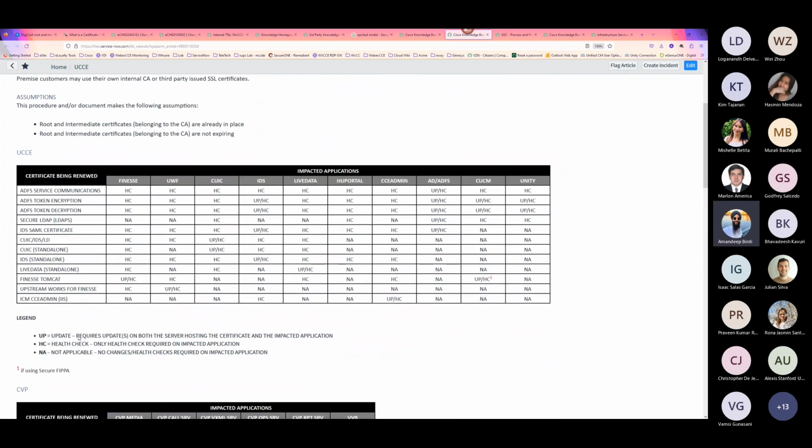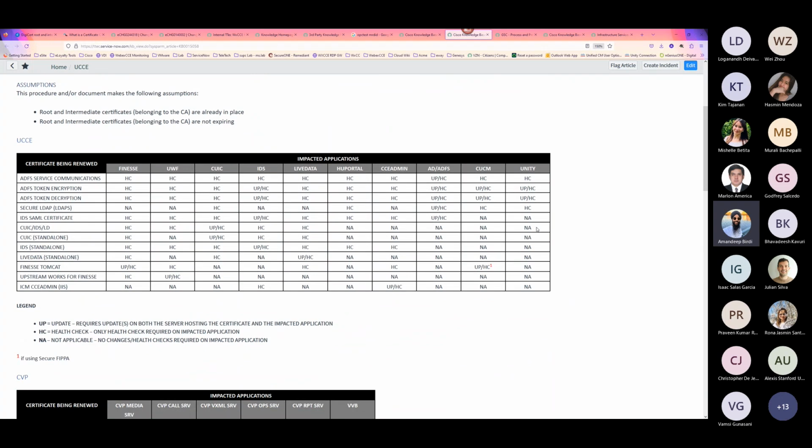The idea here was to have a matrix that tells you if you touch any of these components, for example IDS, what applications use IDS. Let's say you're somebody who doesn't know ICM, doesn't know Finesse, doesn't know anything to do with this. You're just doing the renewal, following a procedure that's been defined, but you need to prepare the change, right? You don't know if I touch the IDS, what the impact will be.